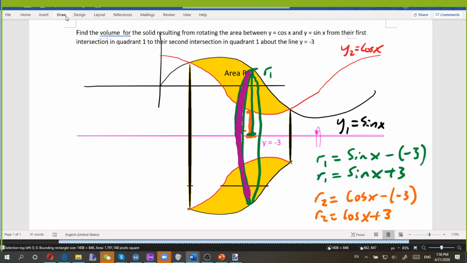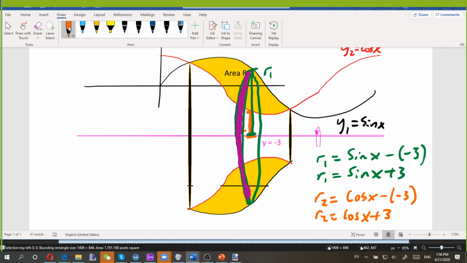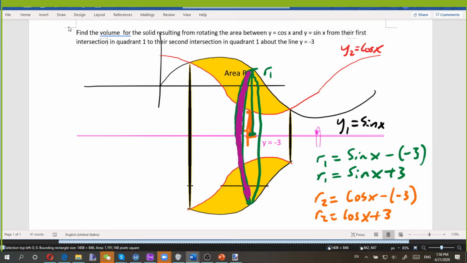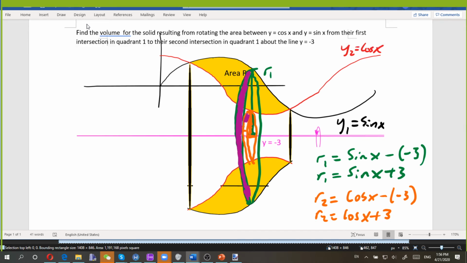And then out of that green disk, I'm going to cut this orange disk, again with an infinitely small change in x, out of the middle.